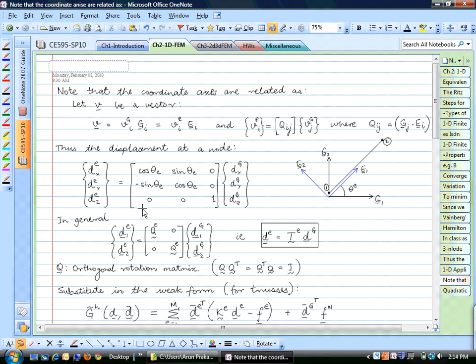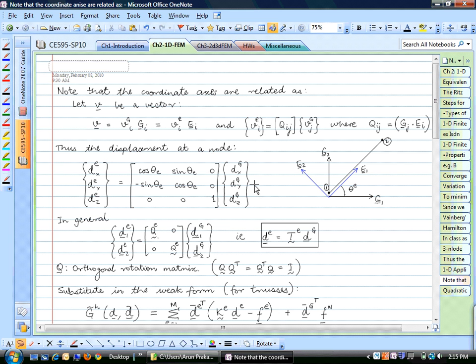You can very simply verify that if somebody gives you a point according to the global coordinates, you can find out the element coordinates, that is the components in this coordinate system, by using this transformation: cosine, sine, minus sine, cosine. This is the general 2-dimensional case.